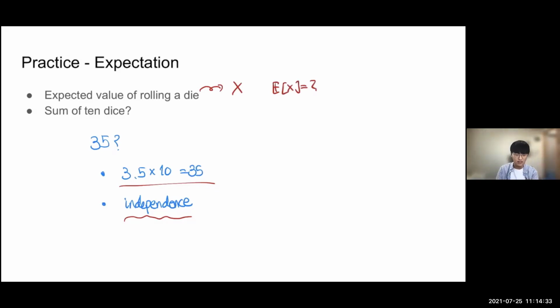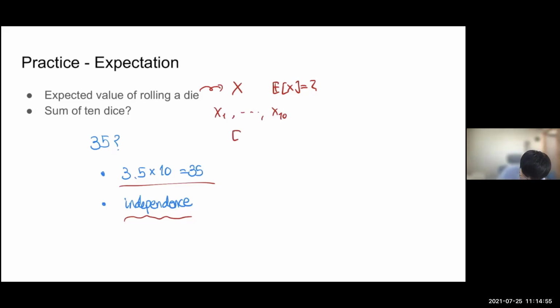When I'm asking what the expected value of the sum of 10 dice is, we have 10 random variables, x1 up to x10, where x1 is the outcome of the first die throw, and x10 is the outcome of the 10th die throw.